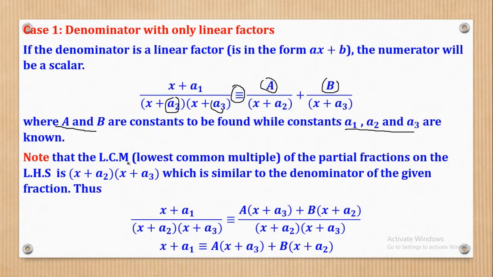So note that the LCM, or lowest common multiple, of a partial fraction on the left hand side is this, which is similar to the denominator of the given fraction. So this is what I mean. If you get the LCM of these two partial fractions, you'll be able to get this times this, which is the same as this. So in the end, you shall come up with this, because I think you remember how to combine this into one fraction.